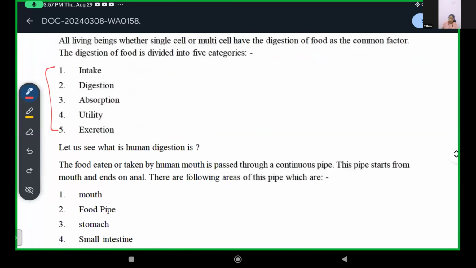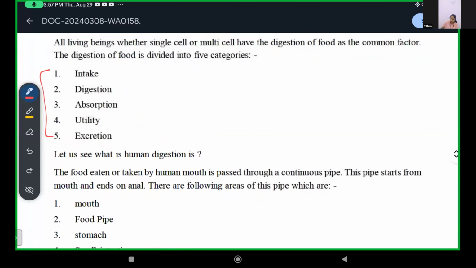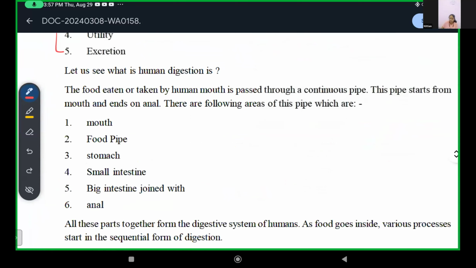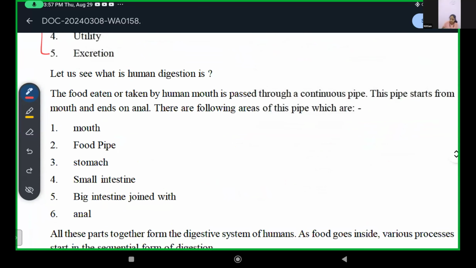So from the mouth, when we take the food in, it goes to the food pipe, which takes it to the stomach. From the stomach, it's taken to the small intestine and then to the big intestine joined with it, and then to the anus, that is for excretion. This is the last process.